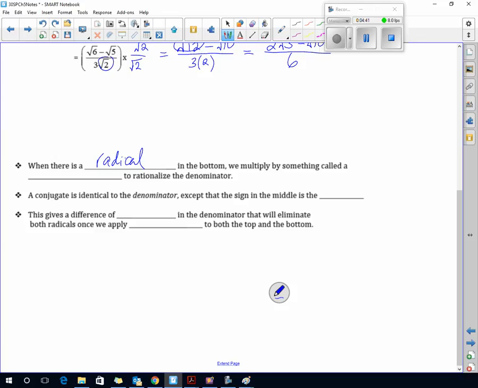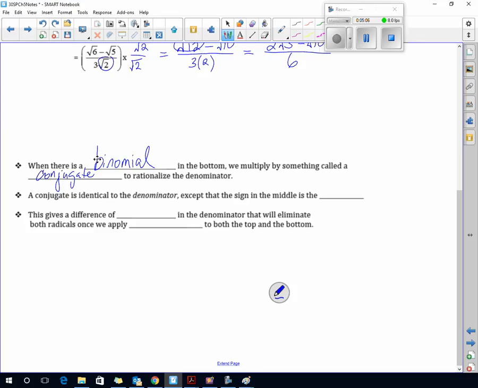When there's a binomial in the bottom, we multiply by something called a conjugate. To rationalize the denominator. A conjugate is identical to the denominator, except the sign in the middle is the opposite. I'll tell you what a conjugate is in a second once we do an example.